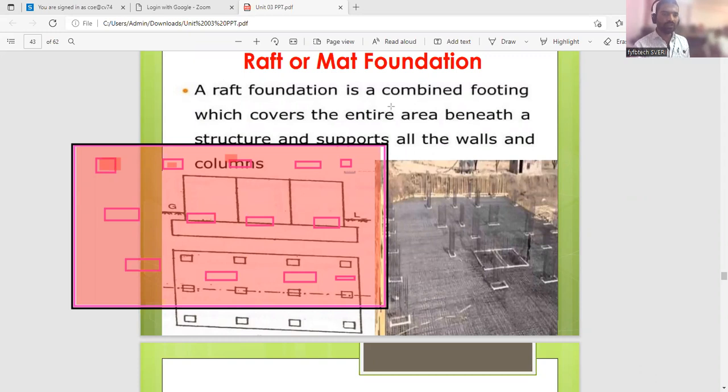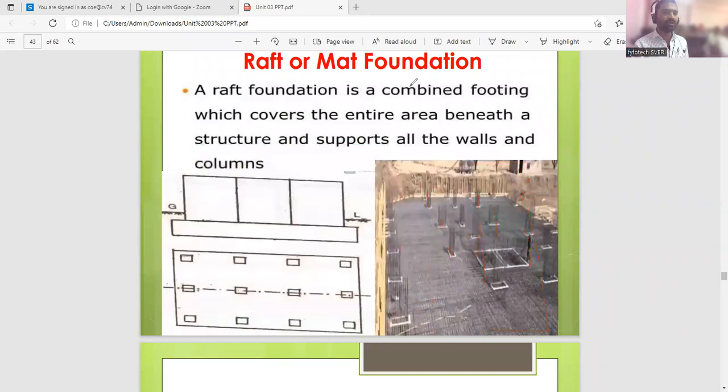See in the figure, they have excavated the whole area and placed the reinforcement cage throughout the excavated site, and they have placed the columns. After this, they will keep the foundation for the entire block. That's why it's called raft foundation, or also mat foundation.